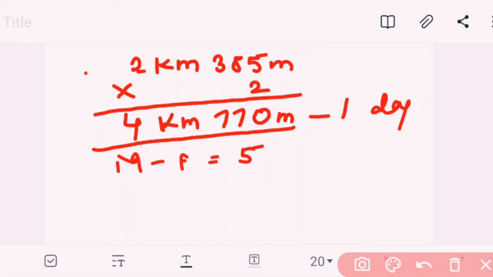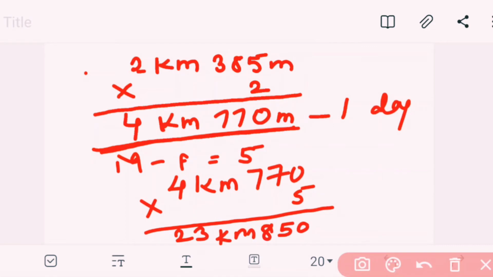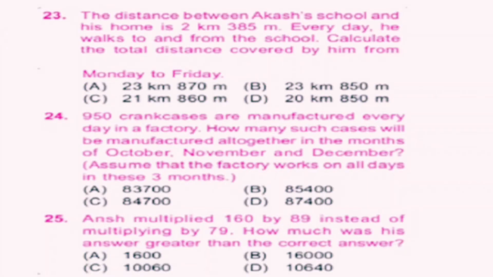To calculate the total distance covered by Akash in 5 days, we need to multiply this into 5. So the total distance covered by Akash in 5 days is 23 km 850 meter. So B is the right answer.